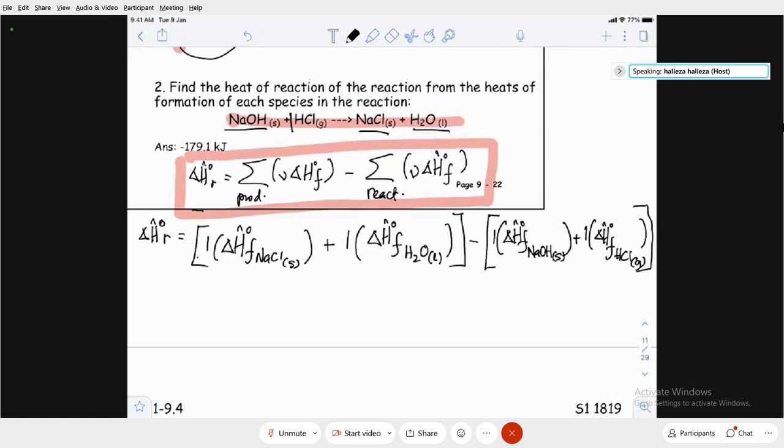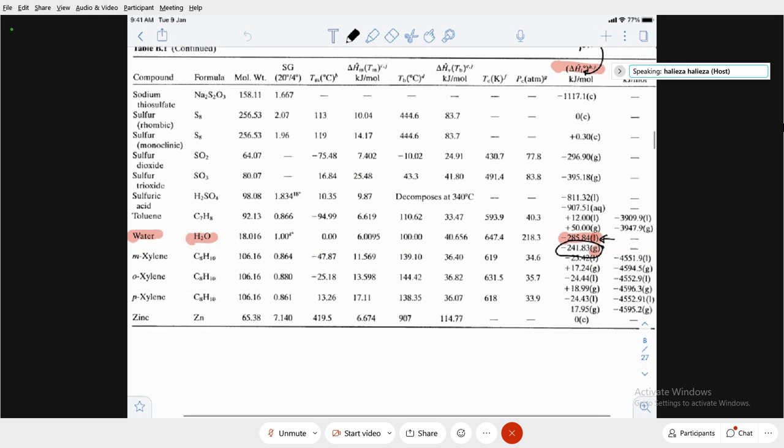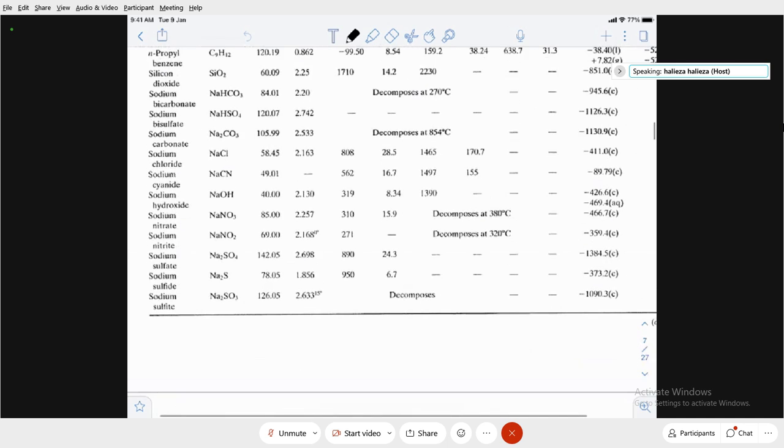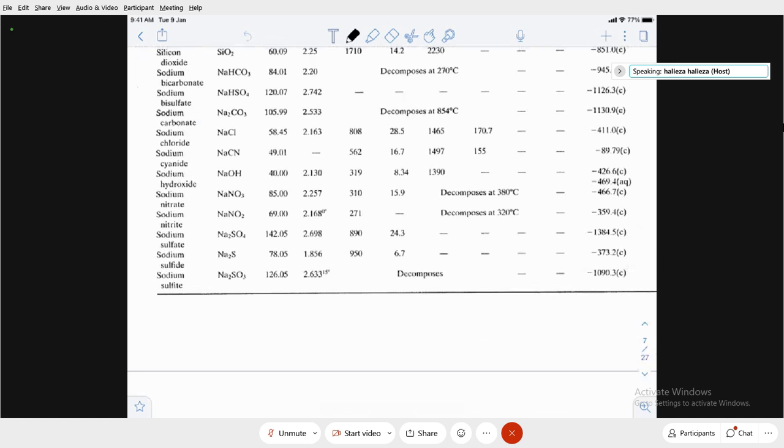Now let's look up your appendix B1 for sodium chloride. Let's scroll it up. Hold on, sodium chloride. I saw it just now. Okay, that's sodium chloride.